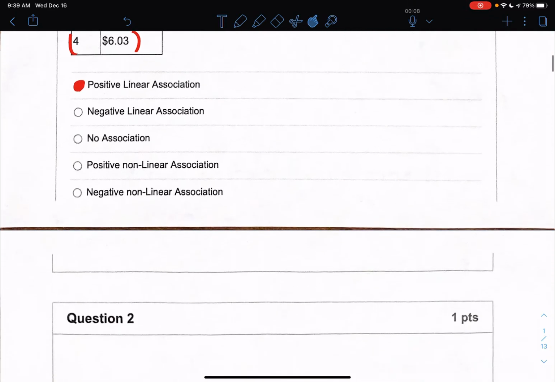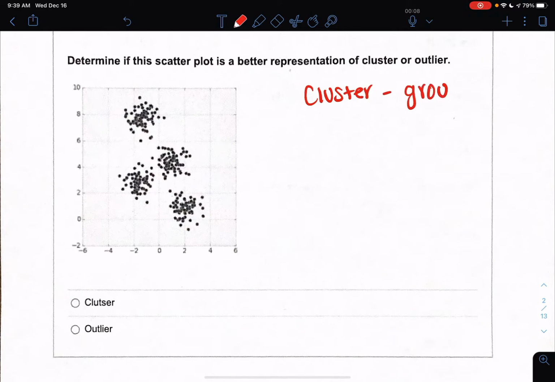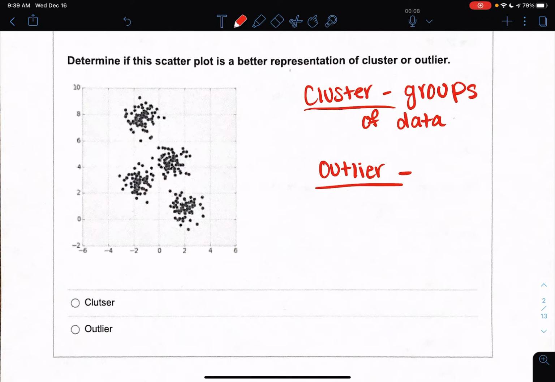All right, moving on to number 2. It's determine if the scatter plot is a better representation of cluster or an outlier. So when we are talking about cluster, we want to make sure that we're looking at groups, or groupings of data. And when we are talking about an outlier, okay, it is a data point that is out of all the other data.